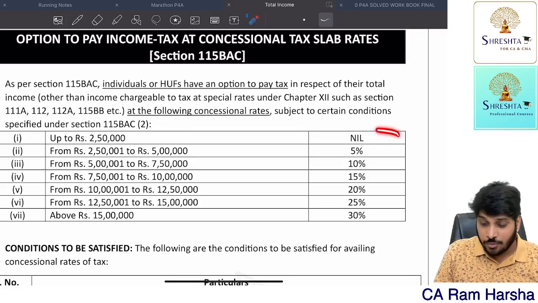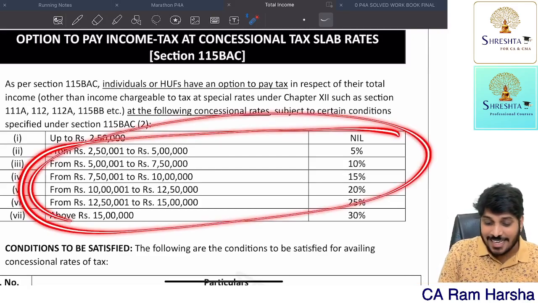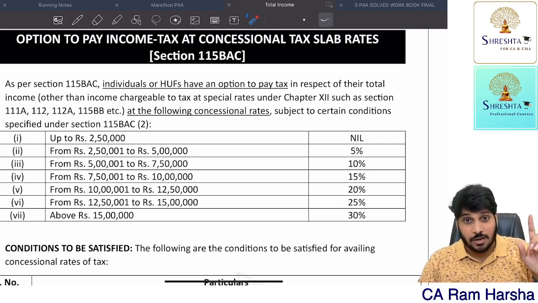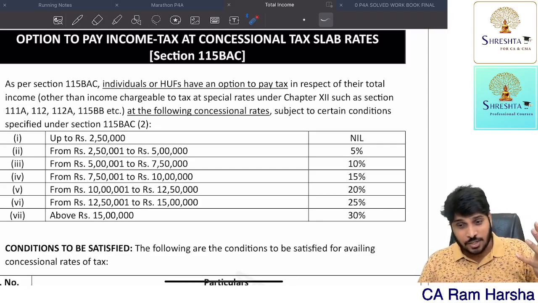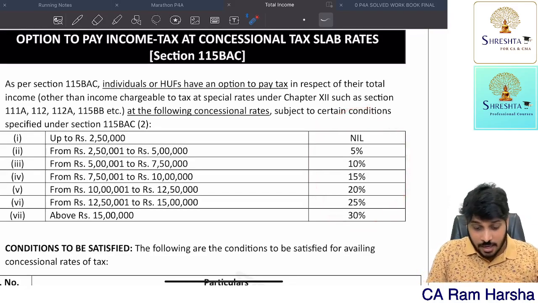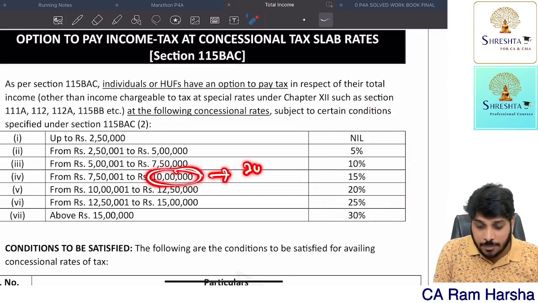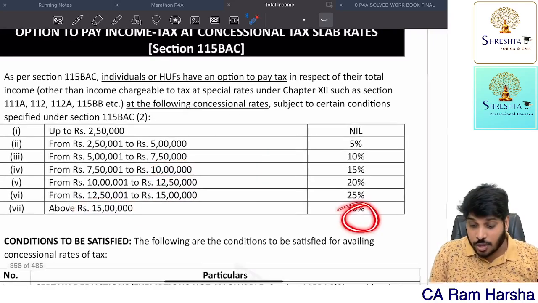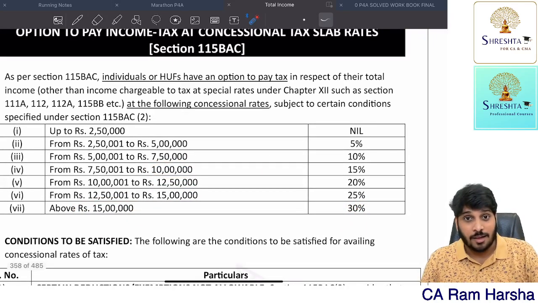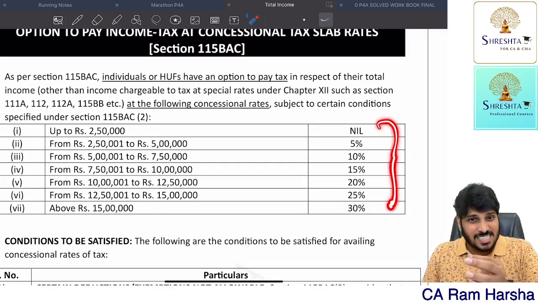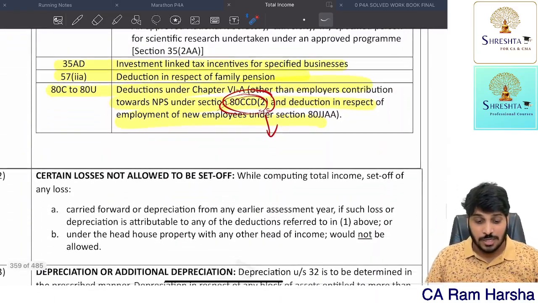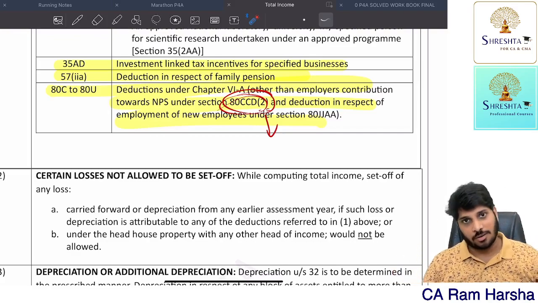But if you want to pay tax at these lesser, concessional rates compared to the regular rates, you have to sacrifice these many benefits. In regular mode, the moment income crosses 10 lakh, 30% flat rate applies. But here, up to 15 lakh you don't have it; only if income crosses 15 lakh does 30% apply. You know what? This 115BAC is a big failure.